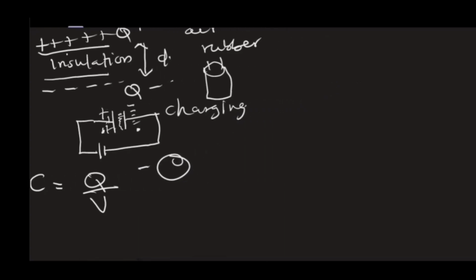The next equation, I'm going to show you a detailed equation. C is equal to epsilon naught multiplying epsilon r multiplying area all over d. And this equation is also used to derive the capacitance of a capacitor. Epsilon naught is the permittivity of free space, and that is a constant.